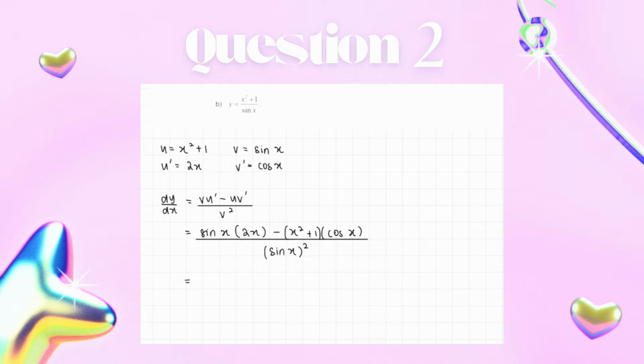If you expand it, it's going to be like this: 2x sine x minus x squared cos x minus cos x, all over sine squared x. And that is my final answer.